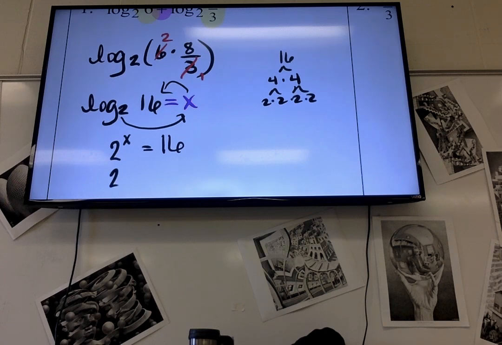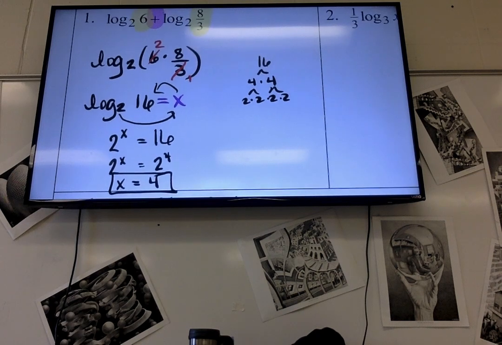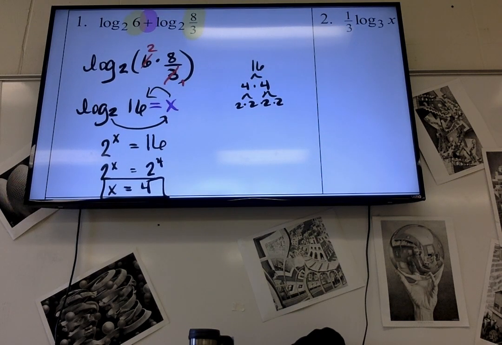Notice it breaks down into 4. So your answer is just 4. So yes, it was simplified. This is just 4. So it's building kind of off the stuff we did yesterday.